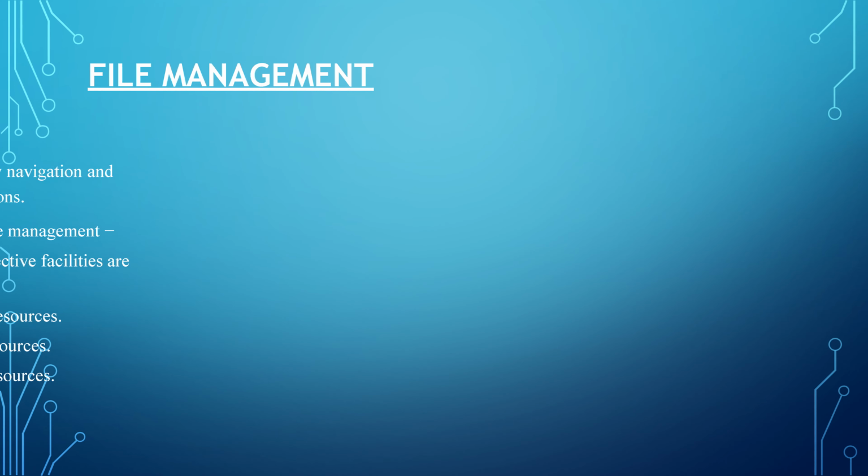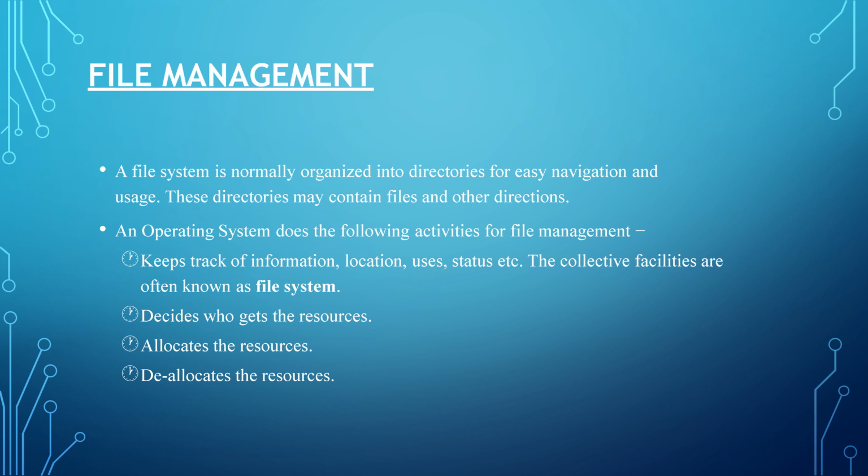Number four, we have file management. In file management, a file system is normally organized into directories for easy navigation and usage. These directories may contain files and other directories. An operating system does the following activities for file management.